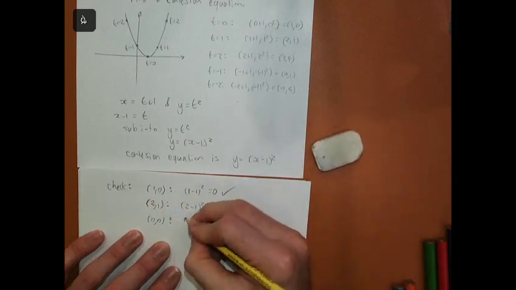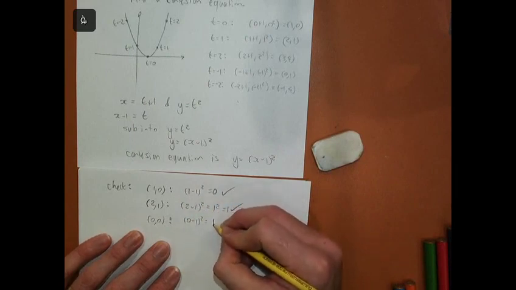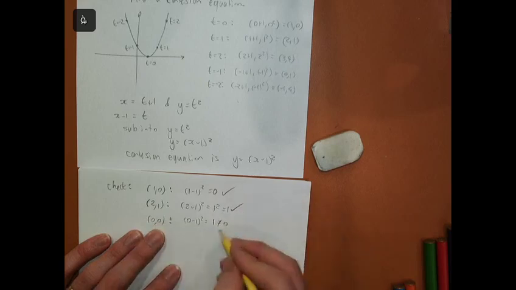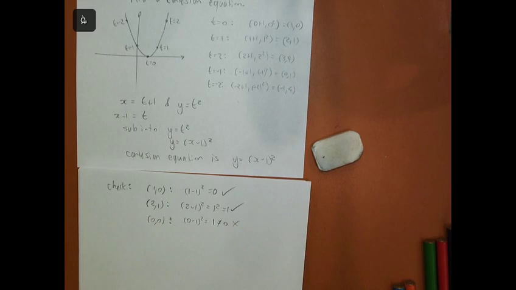So 0 minus 1 squared is 1, which is not the correct y-coordinate, so no, that point isn't on the curve. Okay, it's working the way it should. I've only tested 3 points, but that should be enough for me to feel better. Points that are on the curve seem to be making the equation true, and points that are off the curve seem to be making the equation not true. So it seems okay. Excellent.